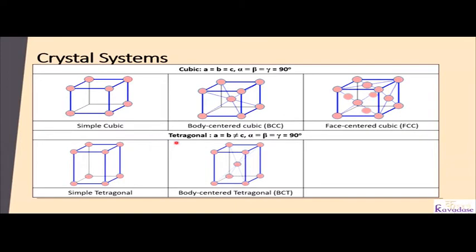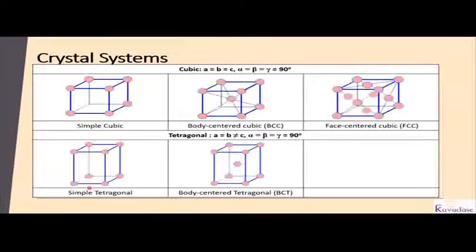Then the second type is tetragonal, where A is equal to B but not equal to C. You can see A and B are the same but not equal to C. Here also A and B are the same and C is greater than A and B, whereas alpha, beta, and gamma are equal to 90.